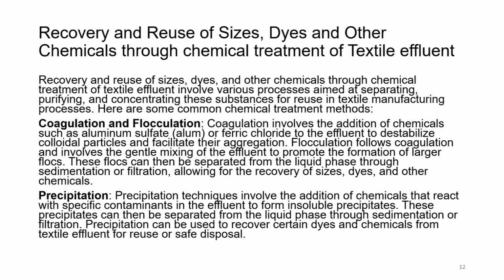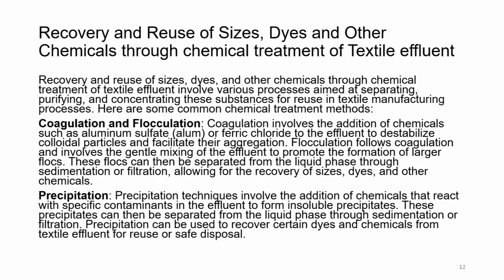Coagulation involves the addition of chemicals such as aluminum sulfate, alum or ferric chloride, and time and again we have spoken about this, to the effluent to destabilize colloidal particles and facilitate their aggregation.